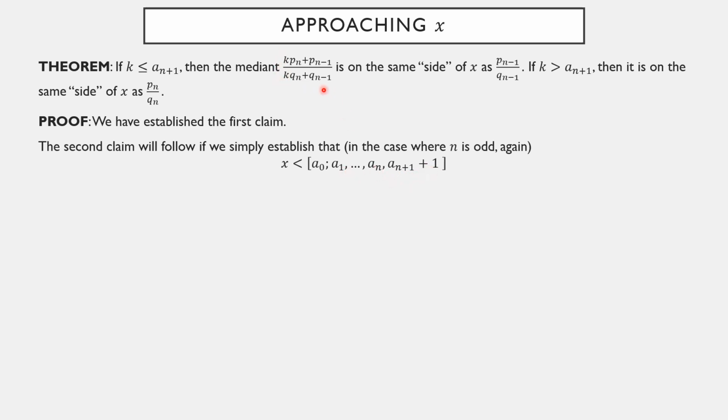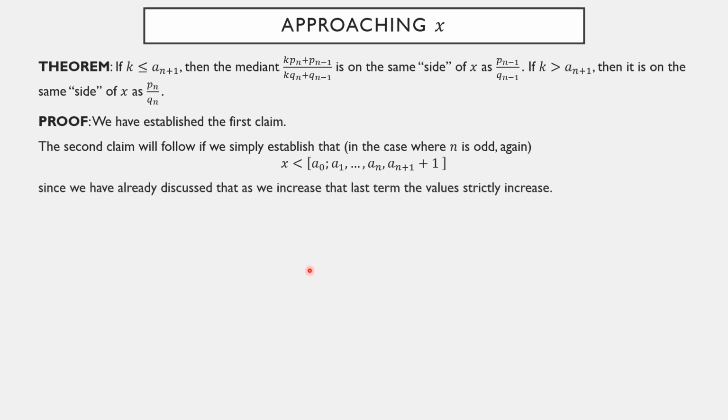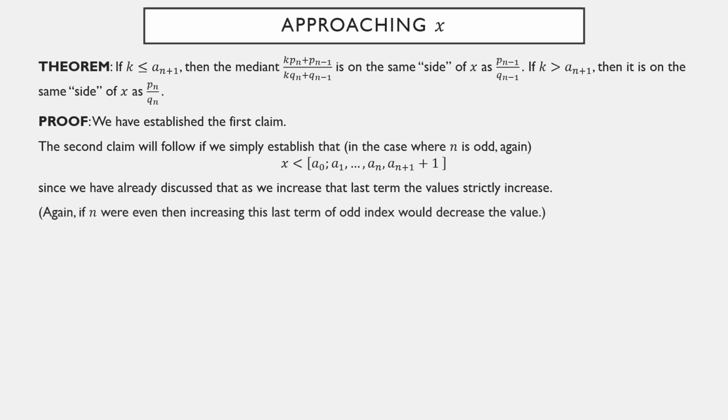You'd exactly be computing this mediant for the first term larger than a_{n+1}. If we can establish that that is bigger than x, well, if I keep increasing this, I only increase towards p_n over q_n, which was bigger than x because n was odd. So all we need to do is show that this one is bigger than x, and then all the rest will be as well. And again, if we want to do the case where n is even, it just reverses all the inequalities. We're not going to bother.